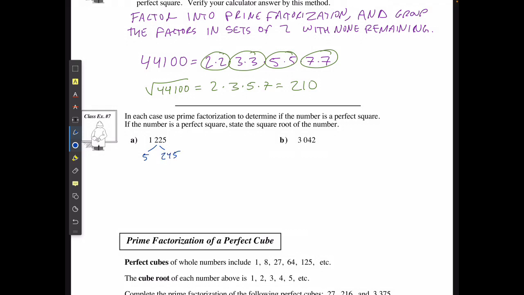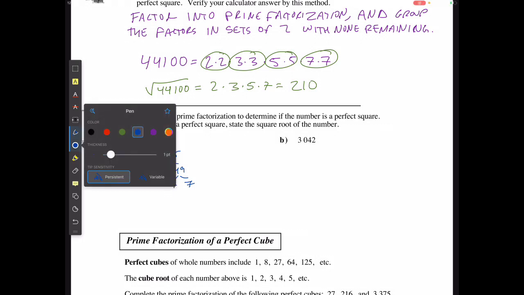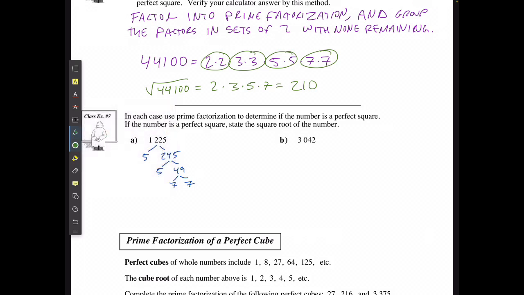Divide it by 5 again, and I get 49. And this splits up into 7 and 7. I group the prime numbers, and there is none left over, so it is a perfect square.